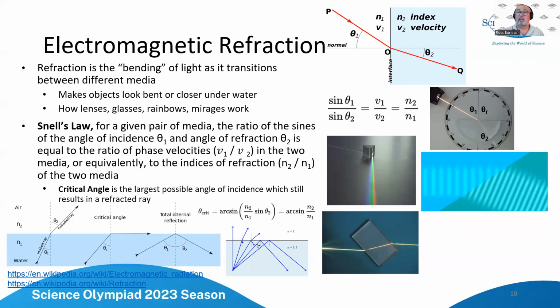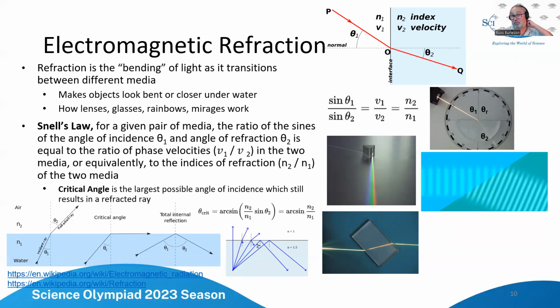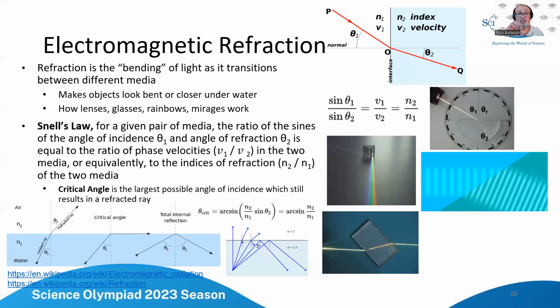Okay? The other thing to keep in mind is that if you're going from a slower material to a faster material, let's say you're underwater and I'm looking up, water is 1.33, so it's a slower material. Air above is 1, index of refraction, so therefore it's a faster material.